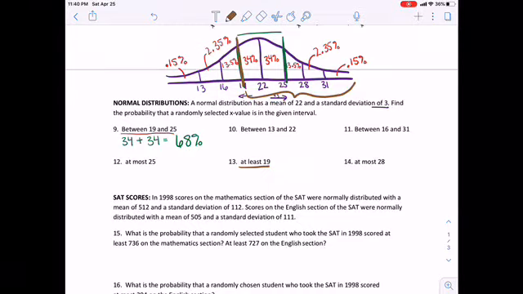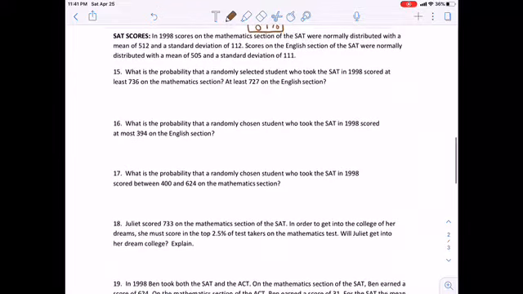So I add all of those numbers that are higher than 19: 34 plus 34 plus 13.5 plus 2.35 plus 0.15. If you add all of that together, you get 84%. Knowing that, I think you're okay to finish that section.